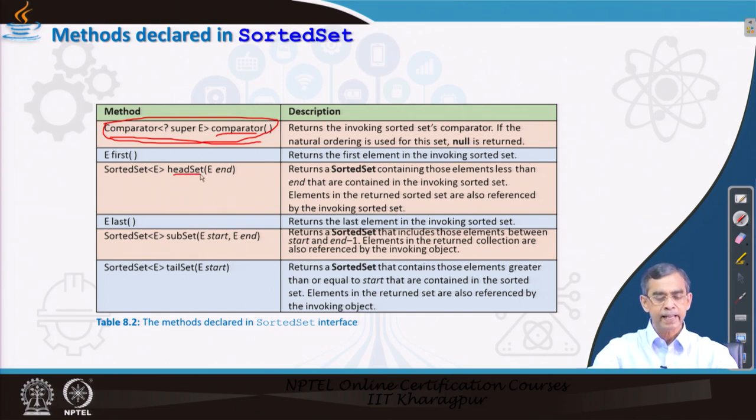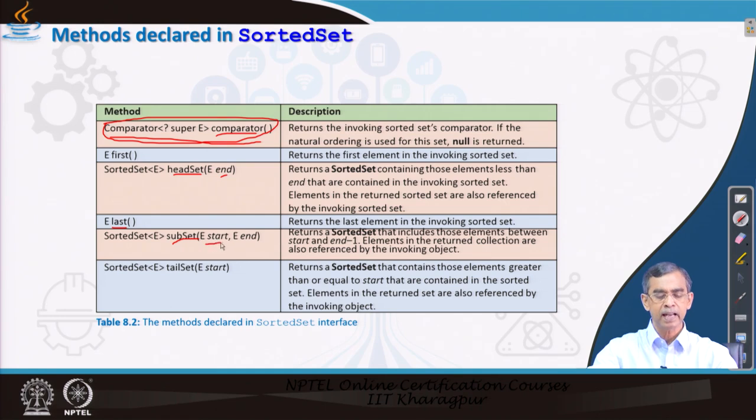Now, headSet basically returns the elements contained in the current set, up to the end element. So, this is one method. The last method basically returns the last element that is stored in this collection. Subset, as the name implies, basically returns a subset of the elements.